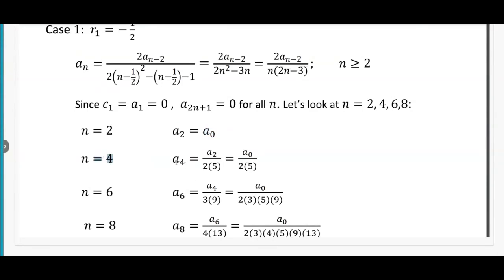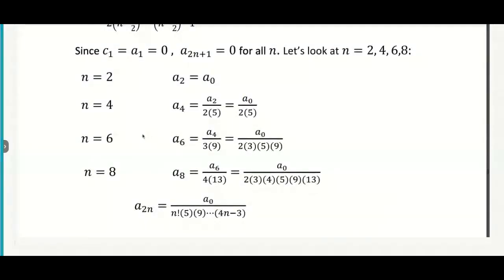Substitute n equals 4, we get this relation: A4 equals A0 divided by 2 times 5. Similar as before, keep evaluating when n equals 6. We want to see the pattern.